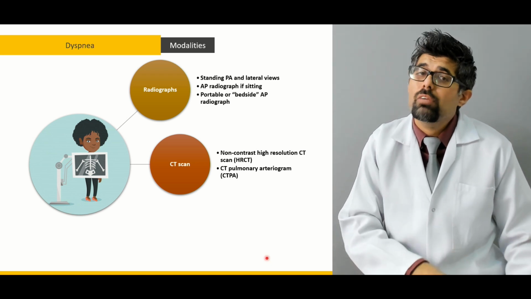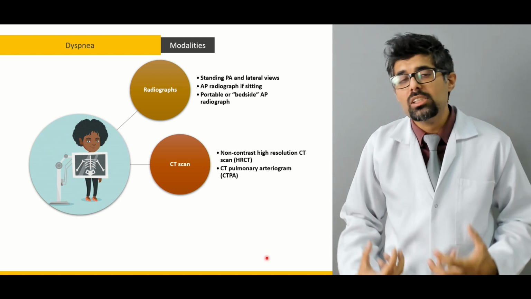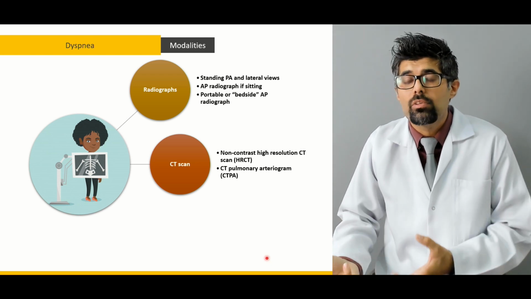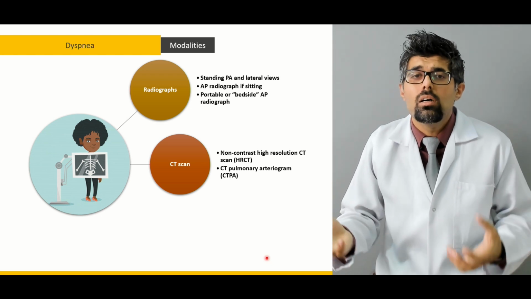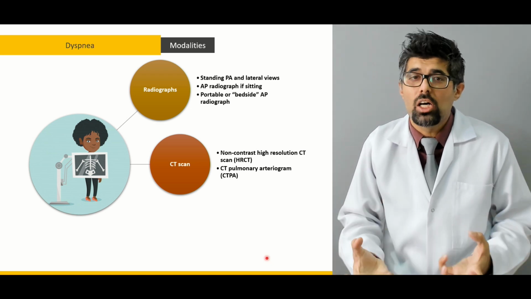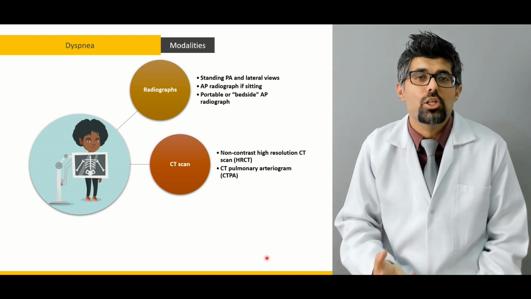Now, why do we need high resolution for the chest cavity? Because the chest cavity is composed of not only the heart and ribs and muscles, but also the lungs. And lungs are very delicate, very intricate tissue.